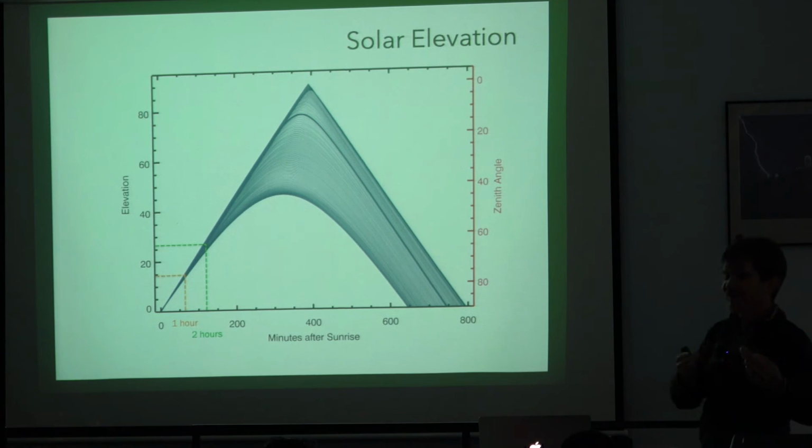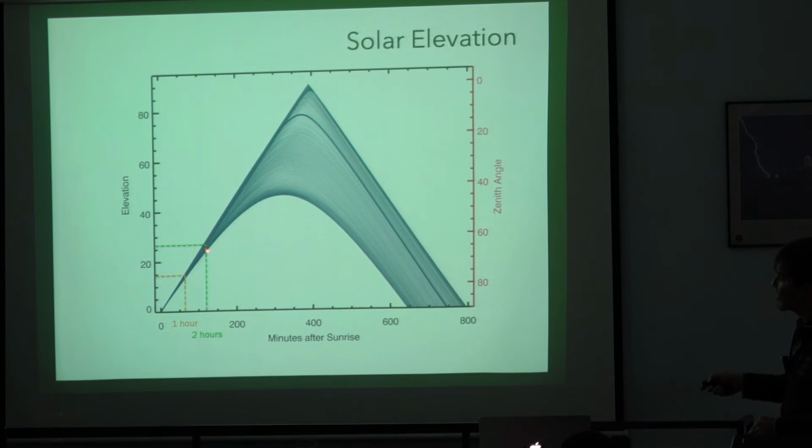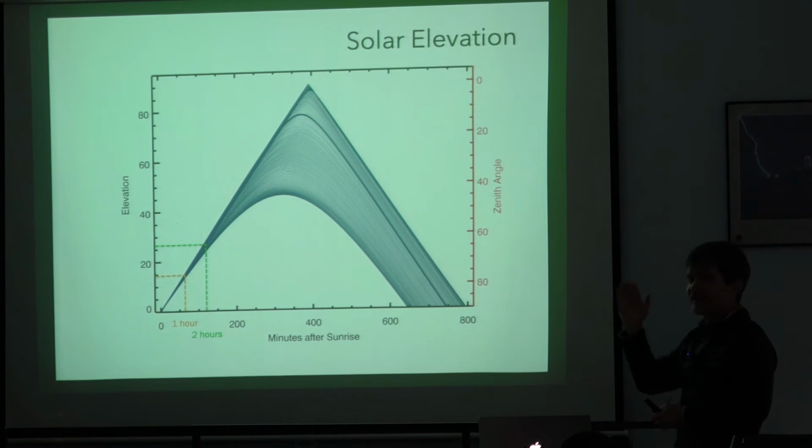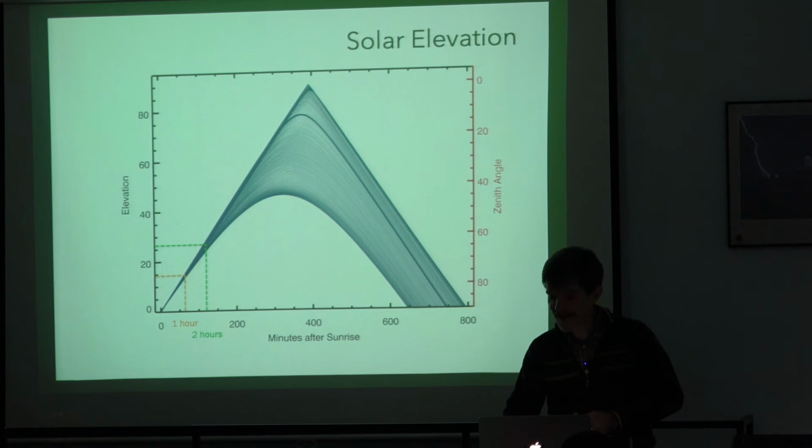And so we try to observe when the sun is very low in the sky, not far above the horizon. So if we observe 1 or 2 hours after sunrise from Dekist, the sun is only up 15, 20, 30 degrees above the horizon, which is still very low from an astronomical refraction standpoint.